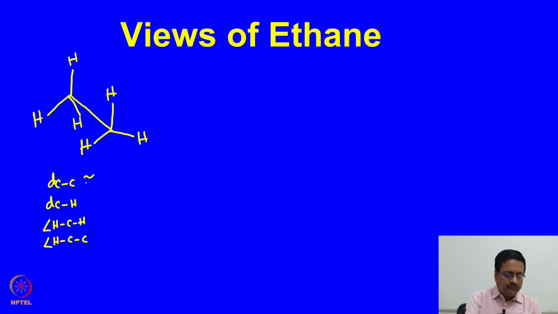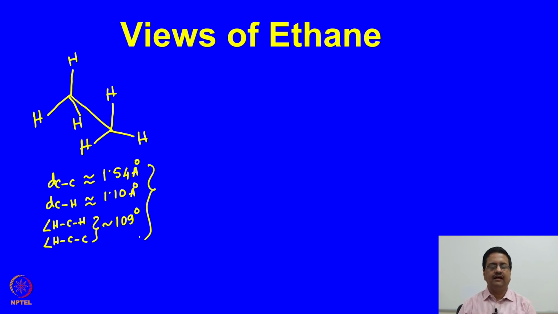The ideal bond length is about 1.54 angstrom for a C-C single bond. The ideal bond length for a C-H single bond is 1.10 angstrom. These angles are tetrahedral angles, so they are close to 109 degrees. If we know these parameters, then one can identify or draw the molecule in 3 dimensions.